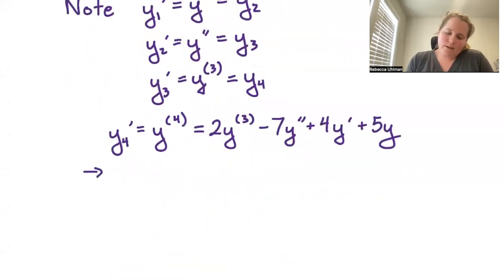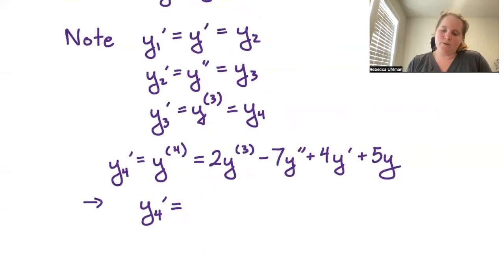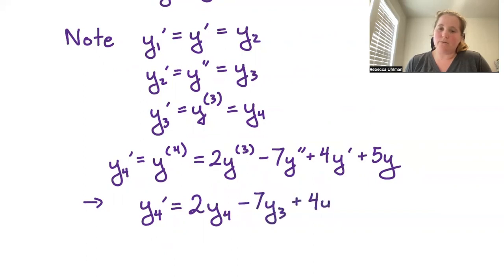So what we get is that our y4 prime is equal to, the third derivative of y was just y4, so we have 2y4 minus 7 times the second derivative, which was y3, plus 4 times the first derivative, which was y2, plus 5 times y, which was y1.